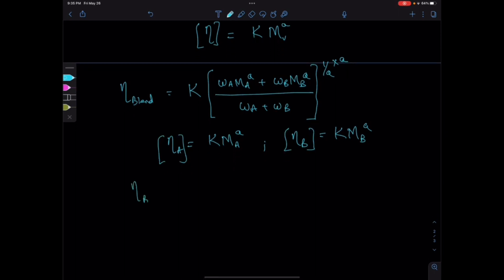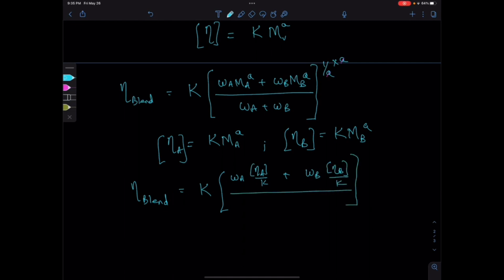So if we do that, the viscosity of the blend is K times, this becomes 1, Wa, we can substitute Ma with eta A over K, plus Wb times eta B over K, over Wa plus Wb.